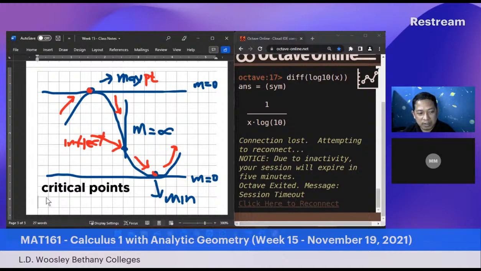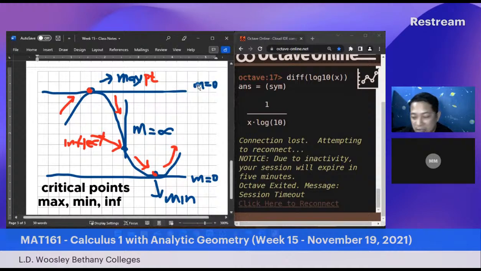So one is the maximum, minimum, and then point of inflection. These are the 3 points that need to be reflected upon. And mind you, in these 3 points, all of the slope would be equal to 0. Now, there are occasions that even this point of inflection, you could compute as slope equal to 0. That's a possibility.